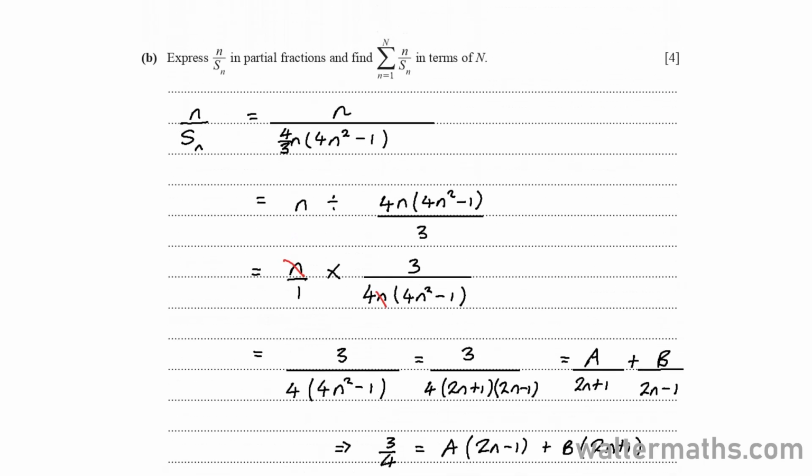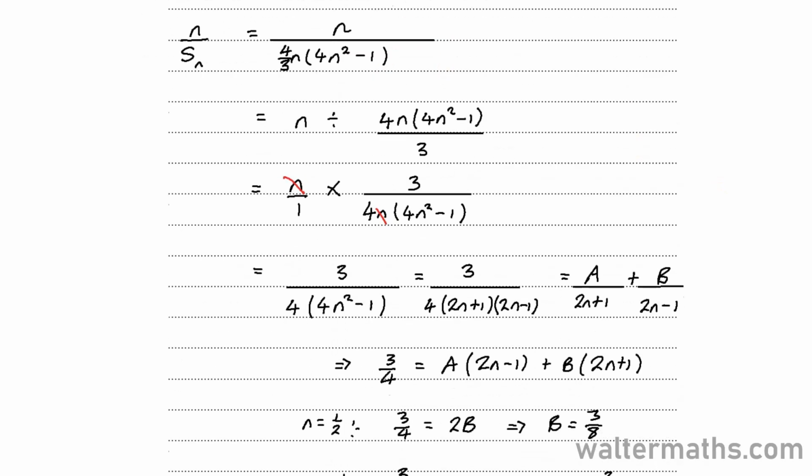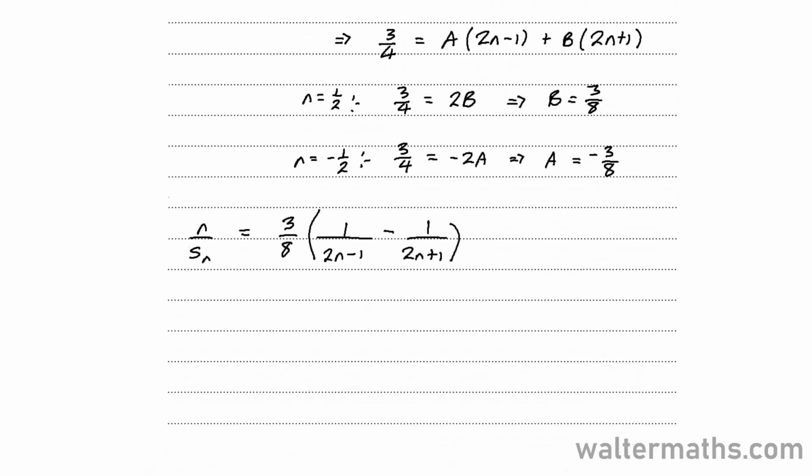Now the question says, find the summation from n is equal to 1 up to capital N of n over s sub n. So we're going to use the method of differences there.